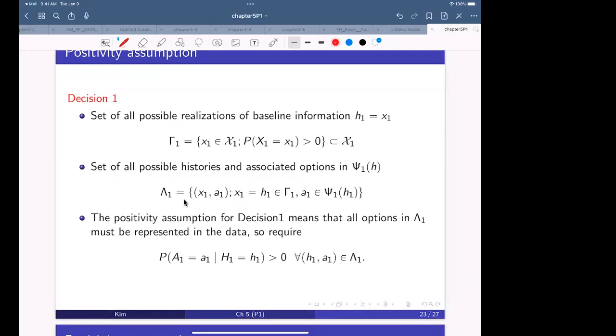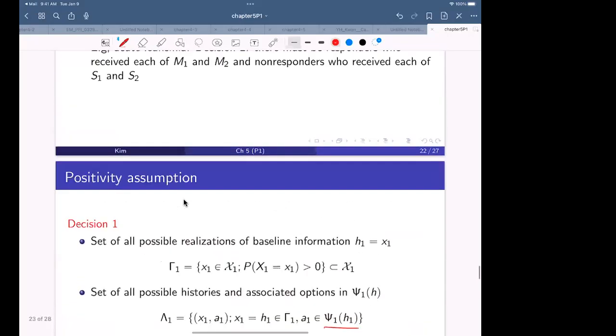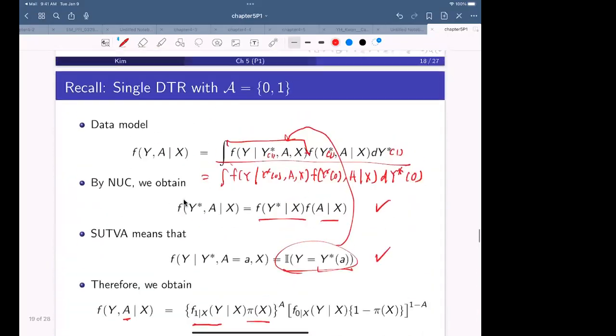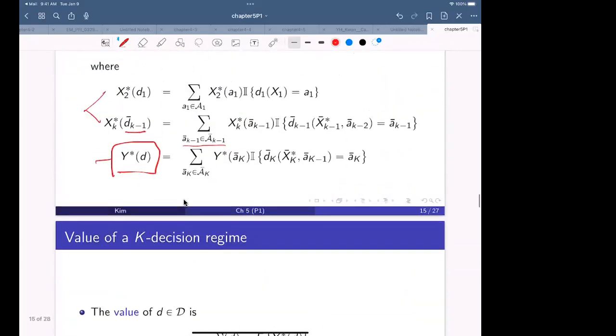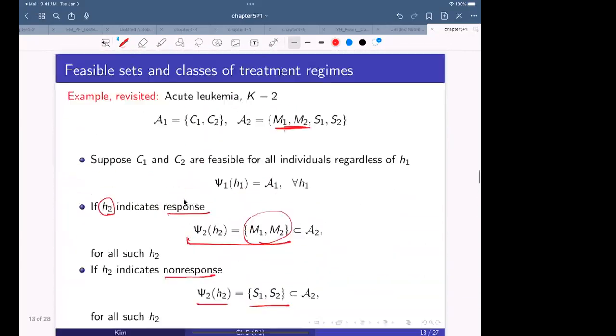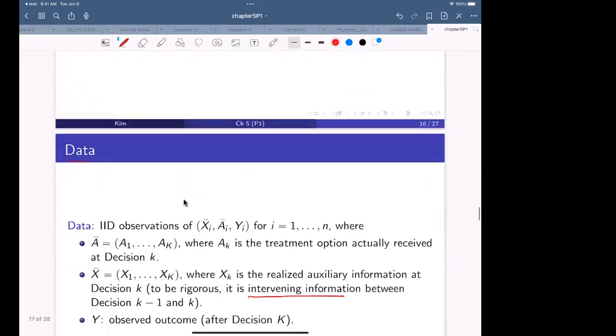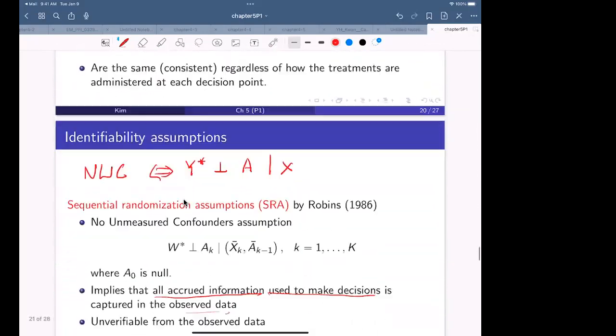So this history should be in the set of histories, and then A is in the, what, the options, is it called the plausible, or what is the terminology? Feasible set. Okay.